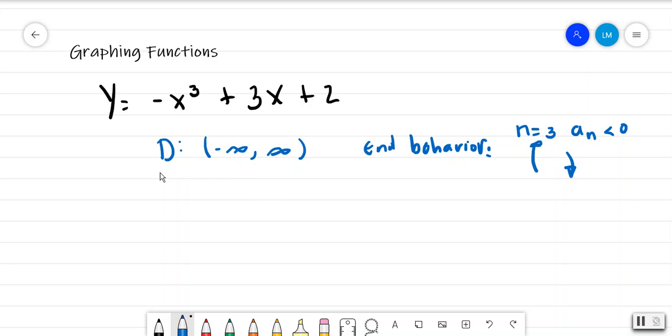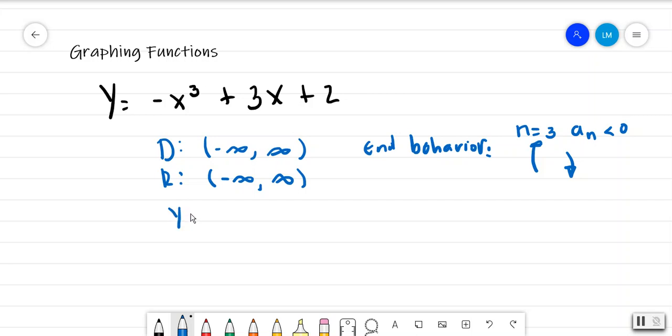So that means that the range, well, not necessarily that we know the range, but you do this so many times that you already know that the range is from minus infinity to infinity, whereas if n was even, we might not know the range just yet. Now, the other thing we can look at is the y-intercept.